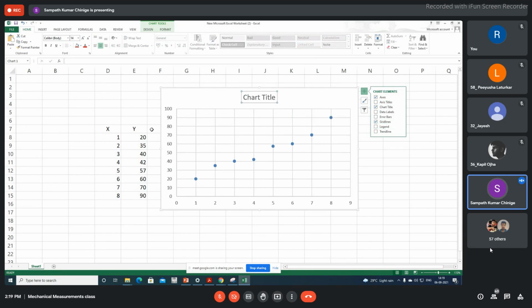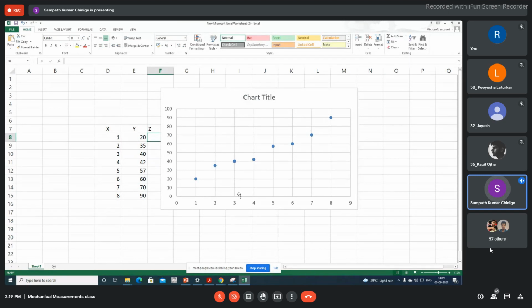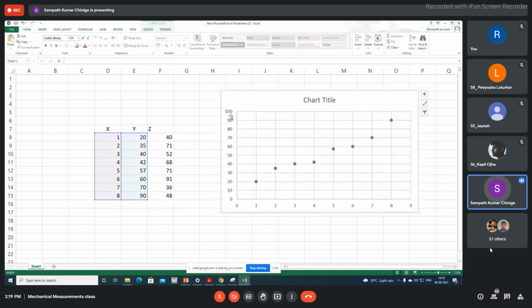Suppose you have Z, again some data is there. So I can plot two things on one particular chart. Let us say 40, 70, just plotting something. What I'm trying to do here is x is my x-axis, then I can draw y, and similarly I can plot z in the same way.